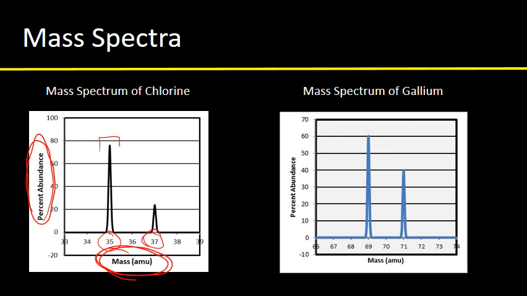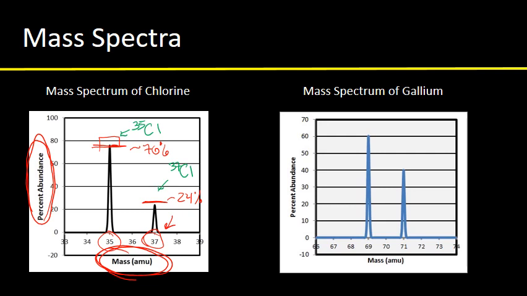And you can see, if you look on the vertical axis, that the ratio is about 76% with the mass of 35 and about 24% with a mass of 37, right? So these atoms up here would be chlorine-35 atoms, and these down here would be chlorine-37 atoms.